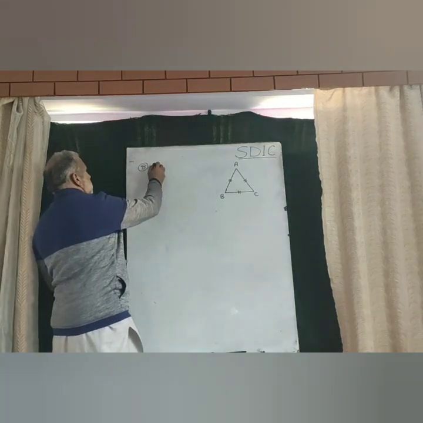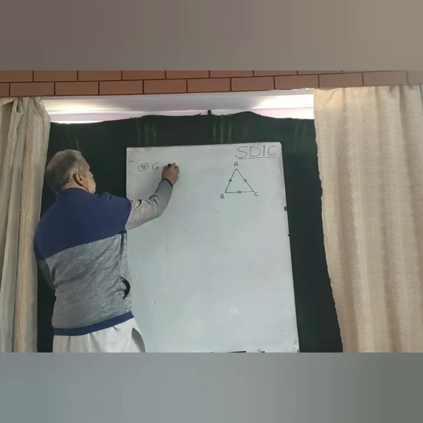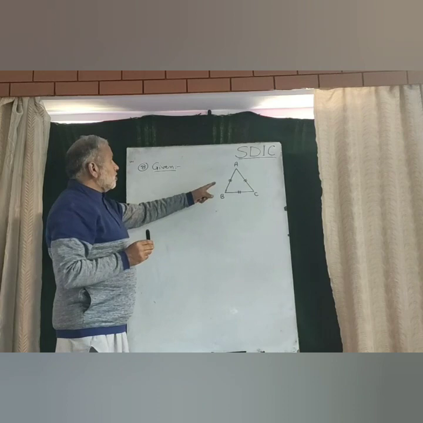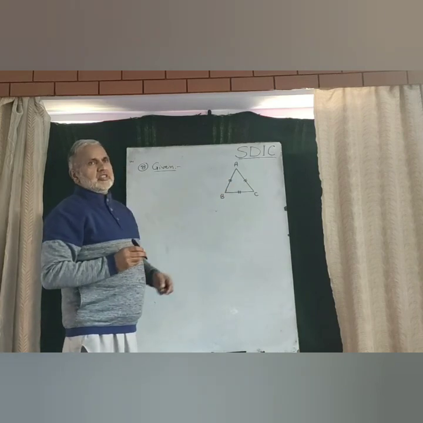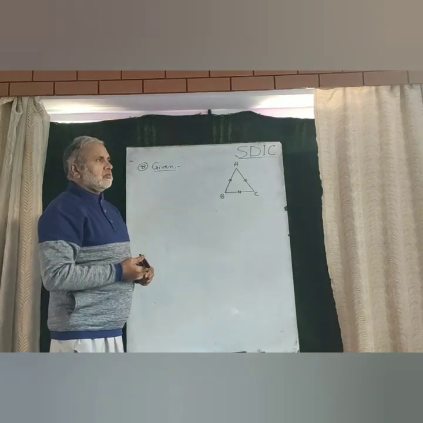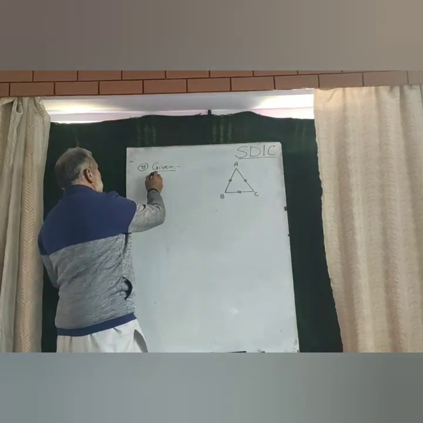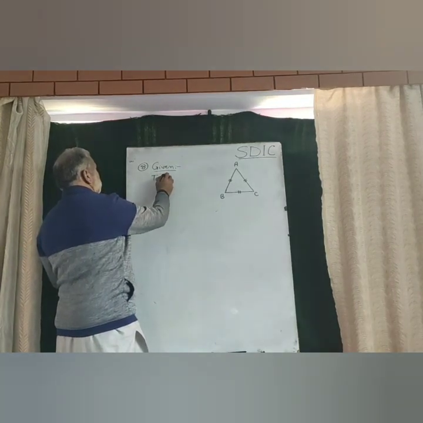What will you write as given for this question? I said just now, an equilateral triangle ABC. That is given to you. You can note down. An equilateral triangle ABC. And what are you asked to show? Means to prove.